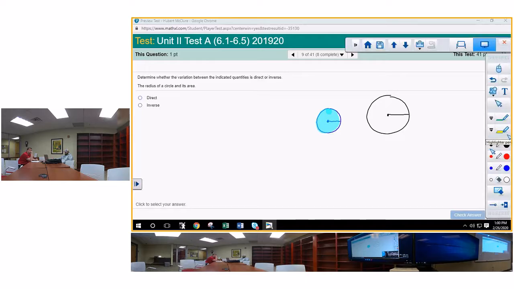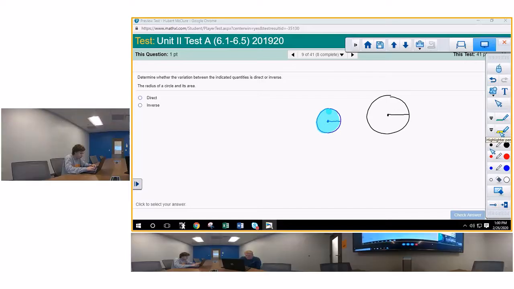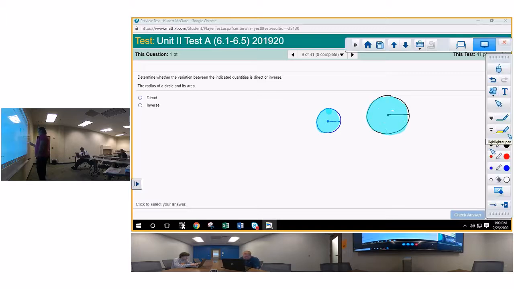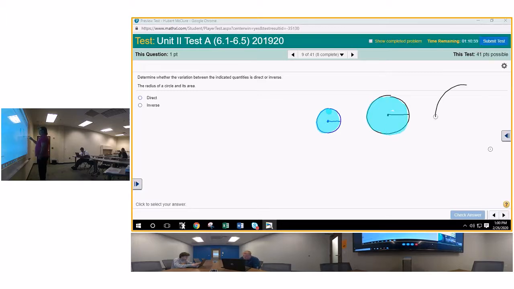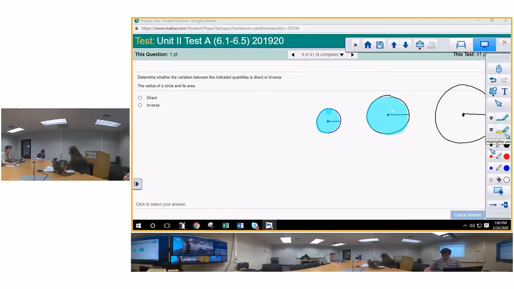And draw its area. Draw another circle. And draw its area.